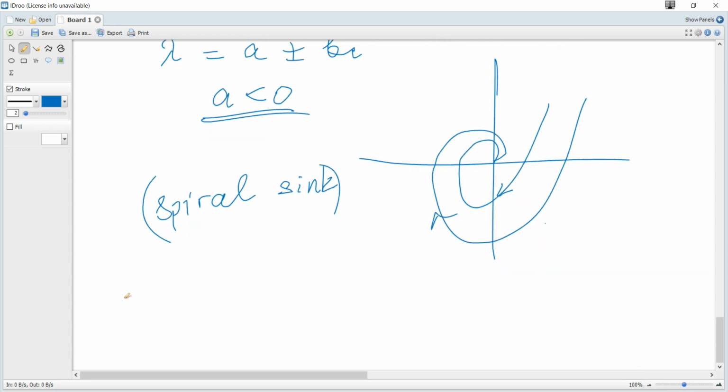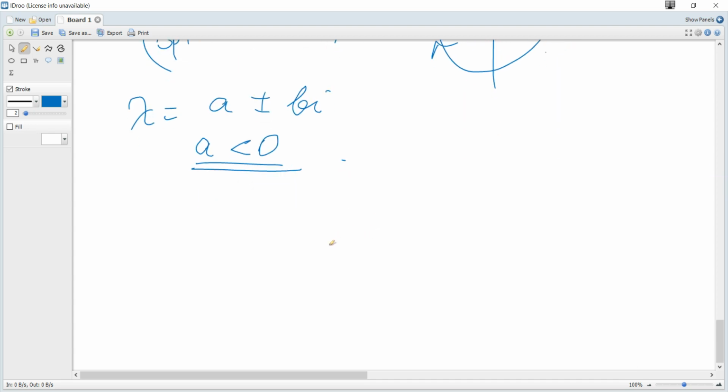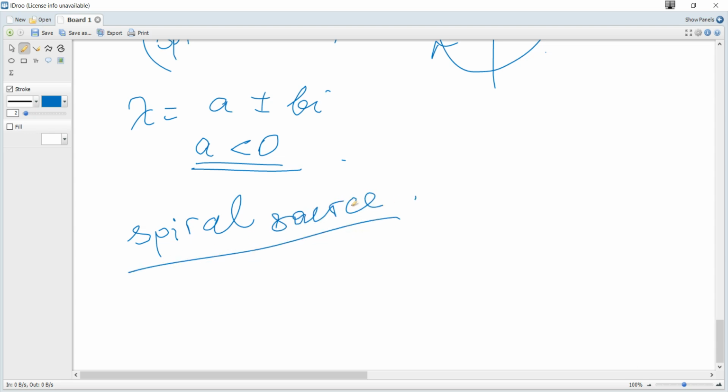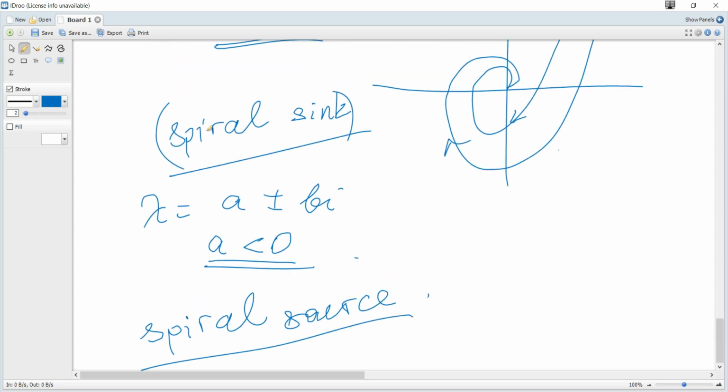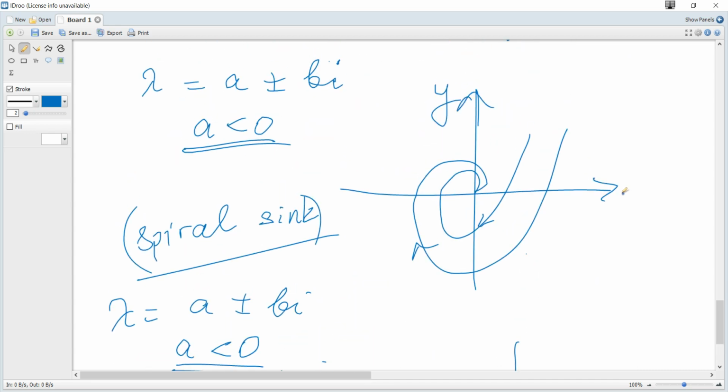And finally, when lambda values are complex but a is positive, so the real part is positive, the trajectories move away from the origin in a spiral manner. The origin is an unstable focus. It's a spiral source. Actually, it may be enough to just say spiral sink or spiral source. So it looks like this.